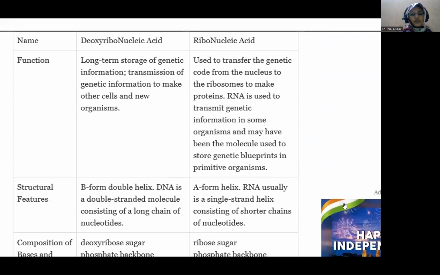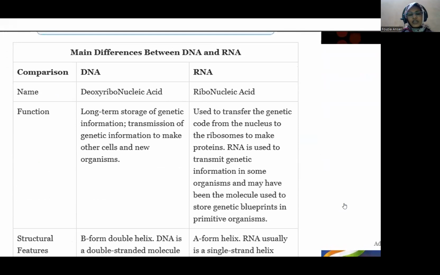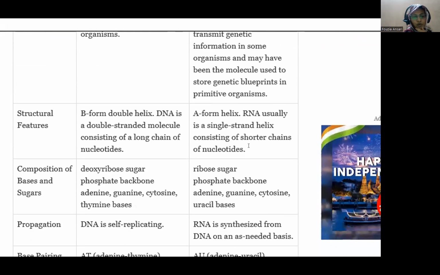I will show you the difference between them. This one is DNA and RNA. First, always remember that DNA is the genetic material in mostly all living organisms, and the function of RNA is as a messenger. It transfers the genetic code from the nucleus to the ribosome to make a protein.